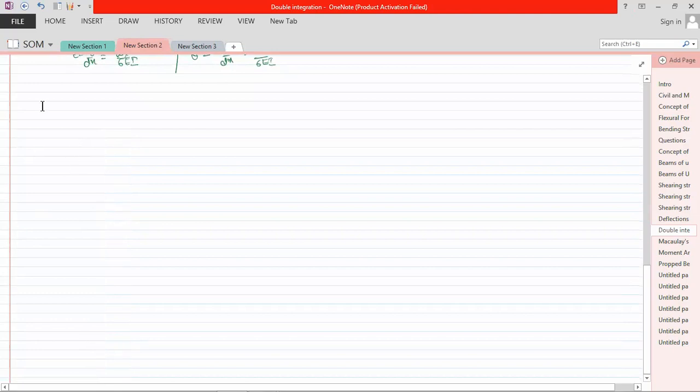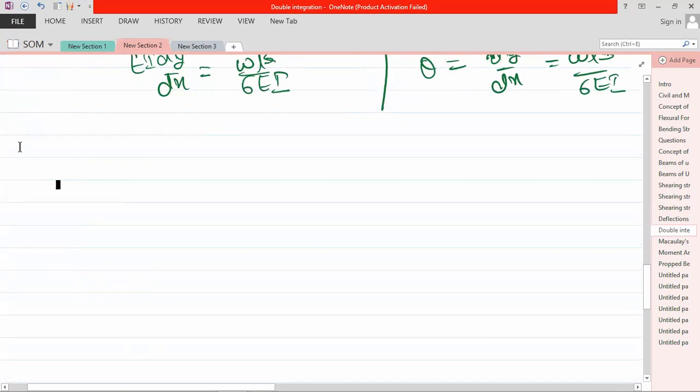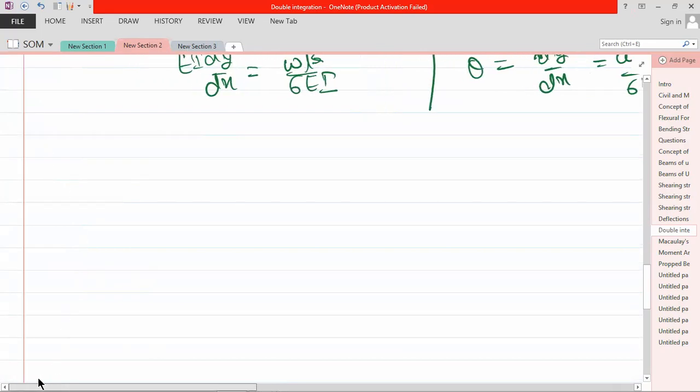So now I am going with simply supported beam with point load.